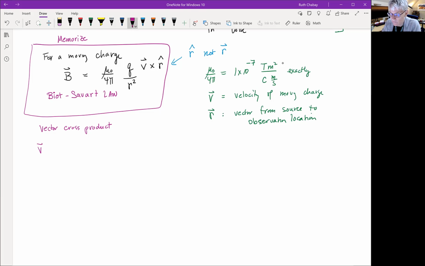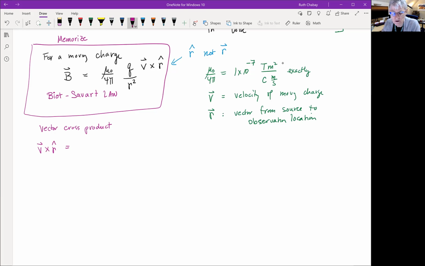There are two ways to do it. Remember, we can either multiply the whole thing out using the components, which is what VPython will do for you, or we can get the magnitude and direction separately, finding the direction using a right-hand rule. And that's going to be really important, so we're going to work on that some today.